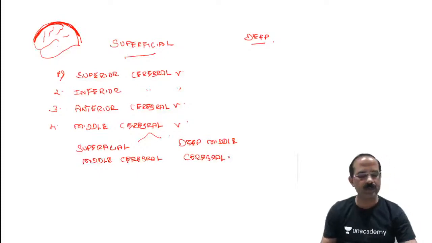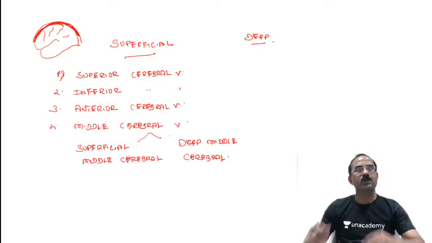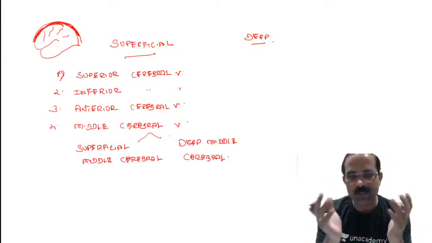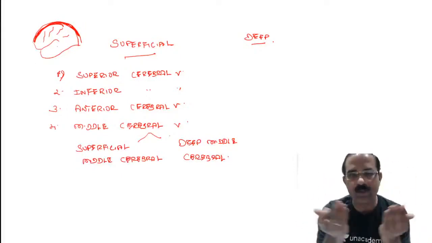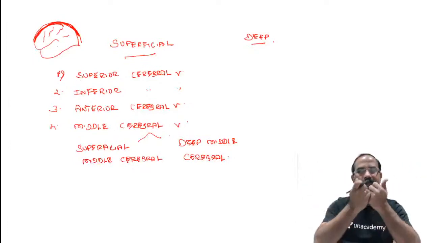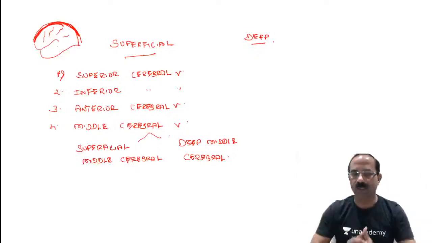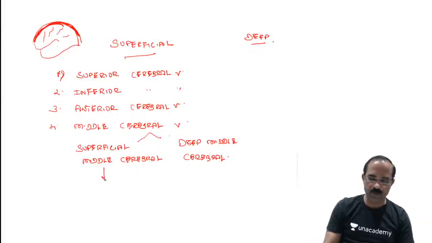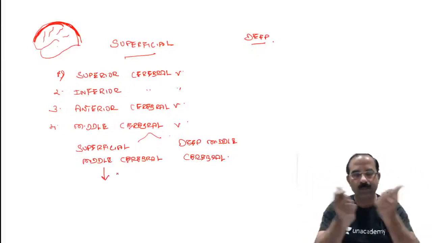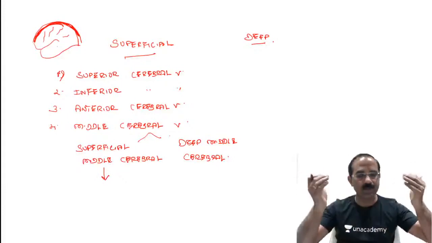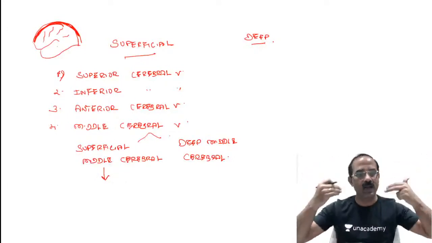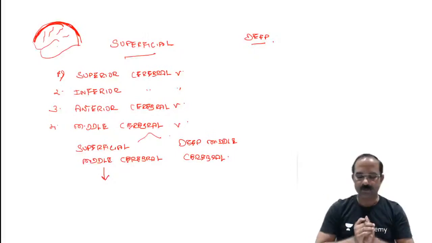So the superficial middle cerebral vein drains what? Medially it communicates with the cavernous sinus, and laterally it communicates with the superior sagittal and the transverse sinus.